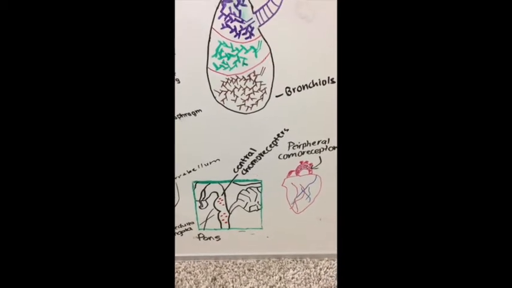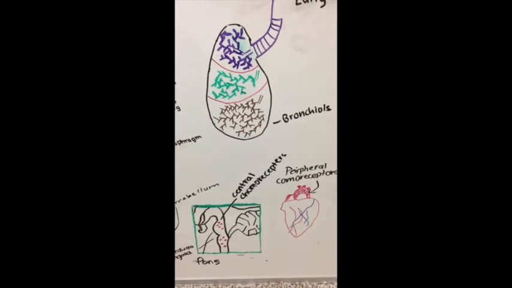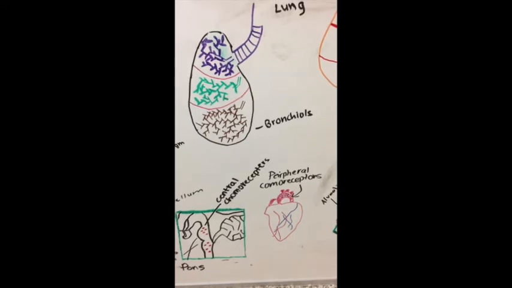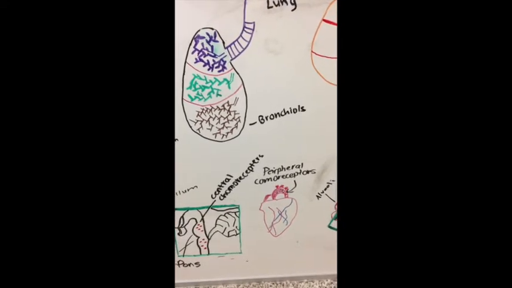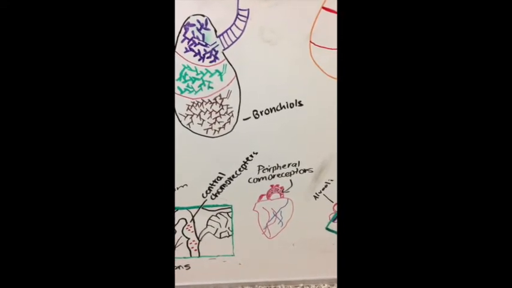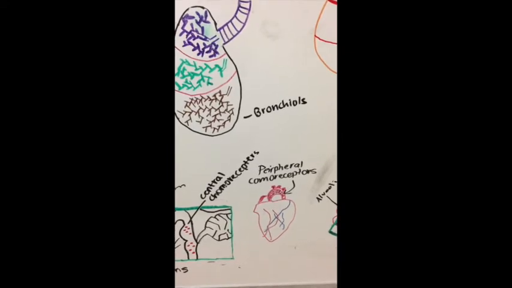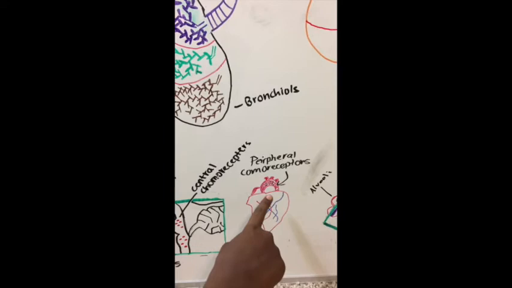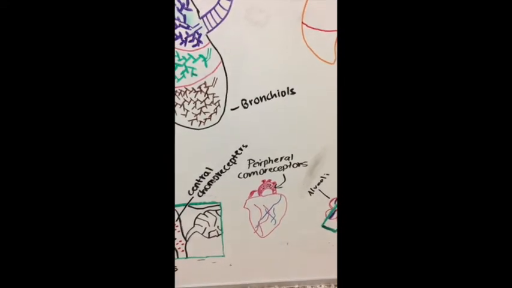Now we will talk about peripheral chemoreceptors. Peripheral chemoreceptors are located in the arch of the aorta, whereas central chemoreceptors are located in the respiratory center. As shown here, these are the peripheral chemoreceptors, and they are located in the arch of the aorta.